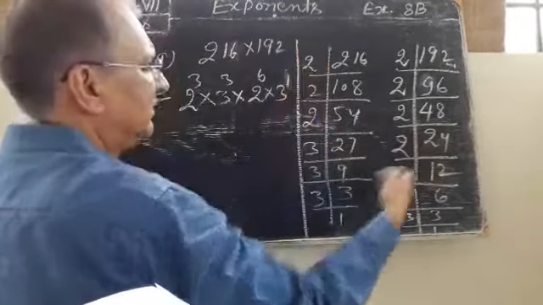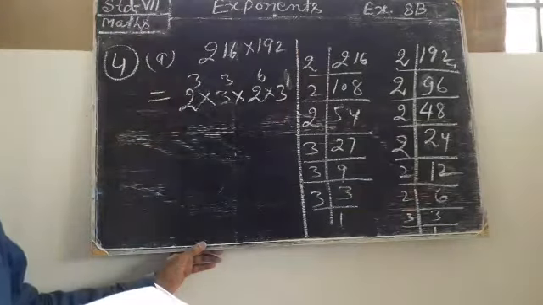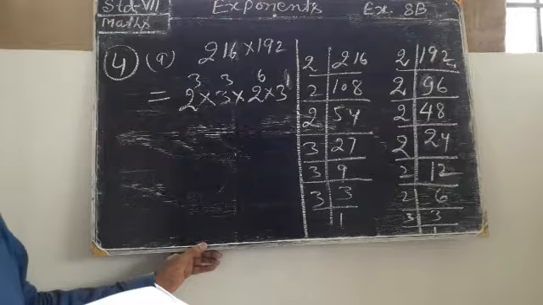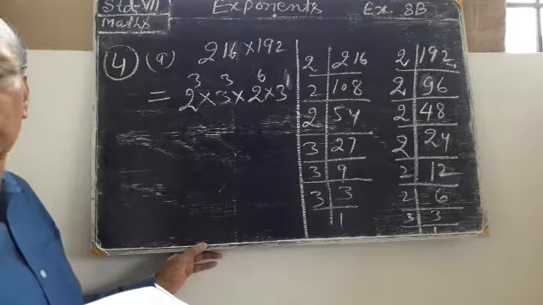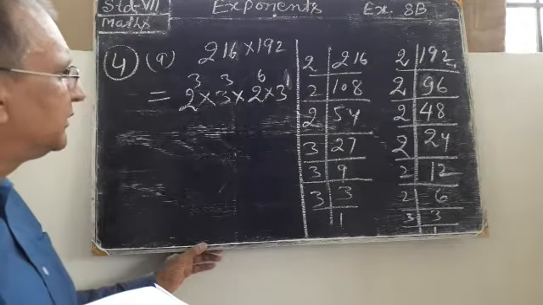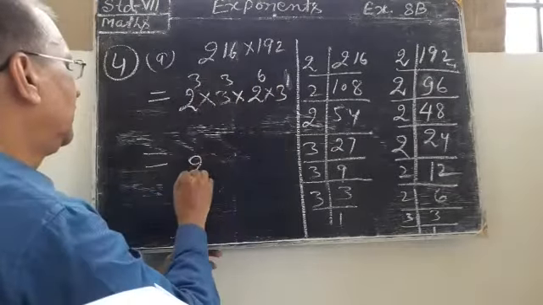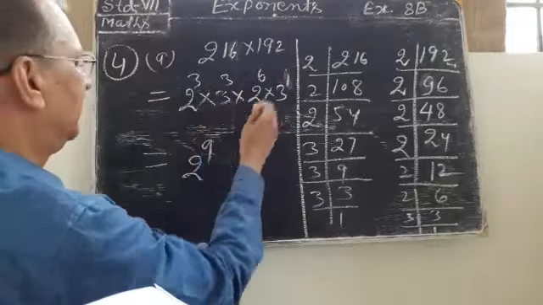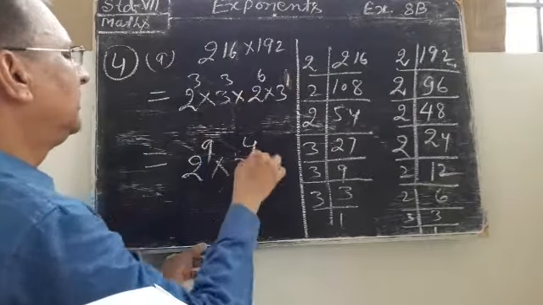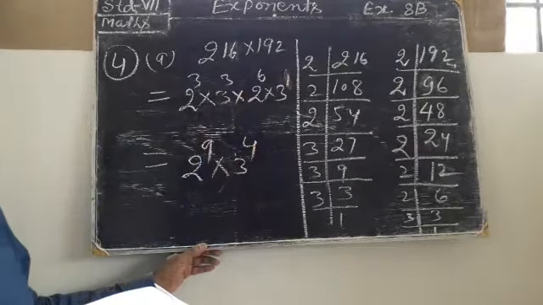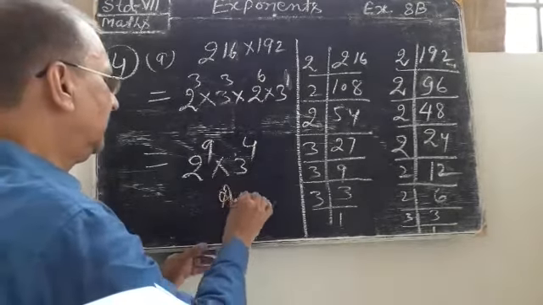So you can write this one as 2 power 3, 3 power 3 into 2 power 6 into 3 power 1. So 2 power 9, 3 power 4. This is your answer.